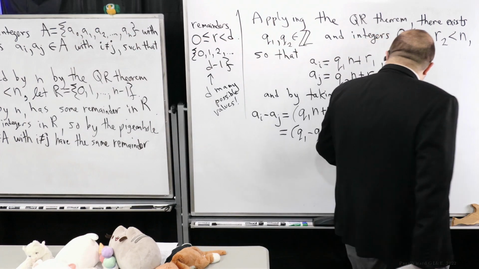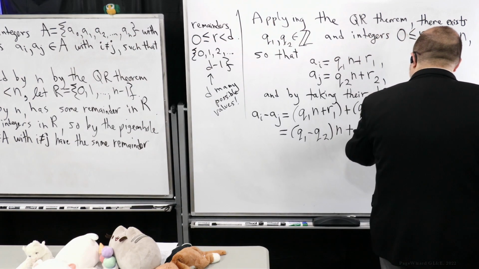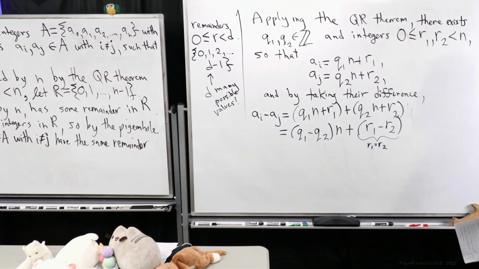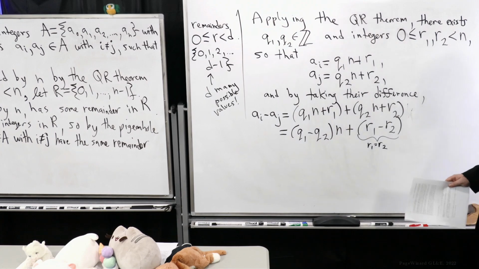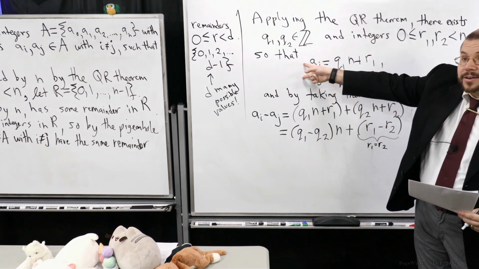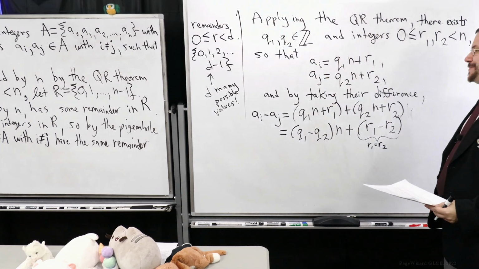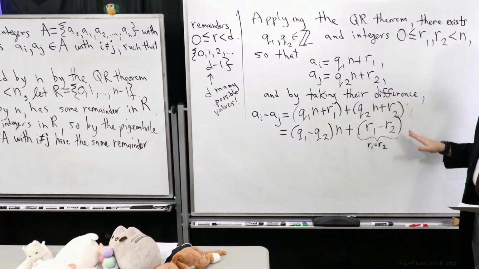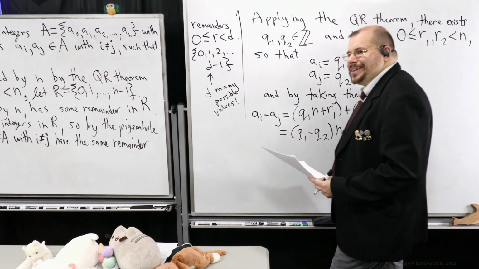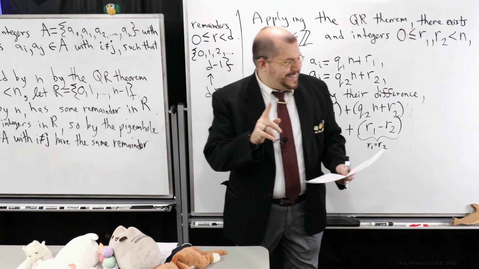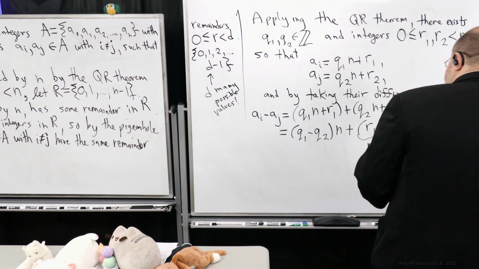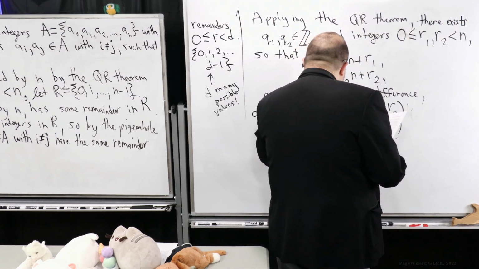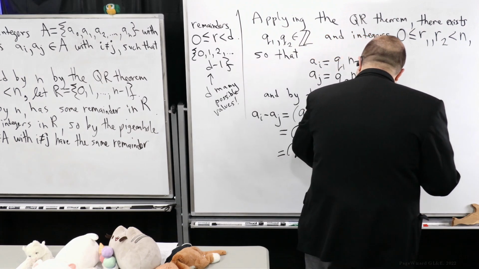So R1 is equal to R2, because we used the pigeonhole principle to say that there are at least two integers, these two right here, that have the same remainder. But that means this right here is 0, because it's the same number. So this is actually equal to just Q1 minus Q2 times n.